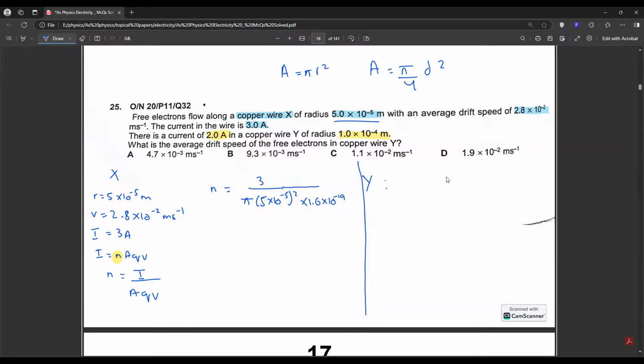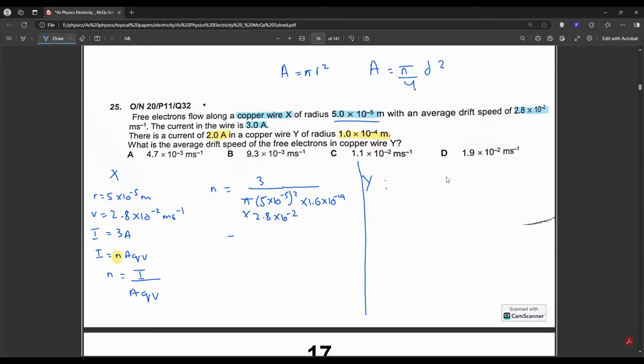And what is your drift velocity? 2.8 into 10 raised to the power of minus 2. So further multiplied by 2.8 into 10 raised to the power of minus 2. Let's calculate the number of free electrons here. 3 divided by pi into 5 into 10 raised to the power of minus 5 whole square into 1.6 into 10 raised to the power of minus 19 multiplied by 2.8 into 10 raised to the power of minus 2.